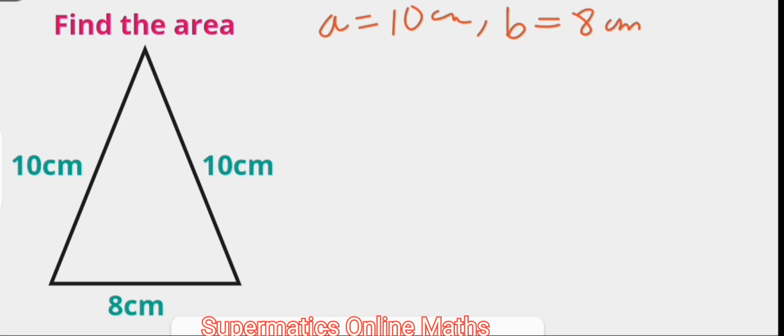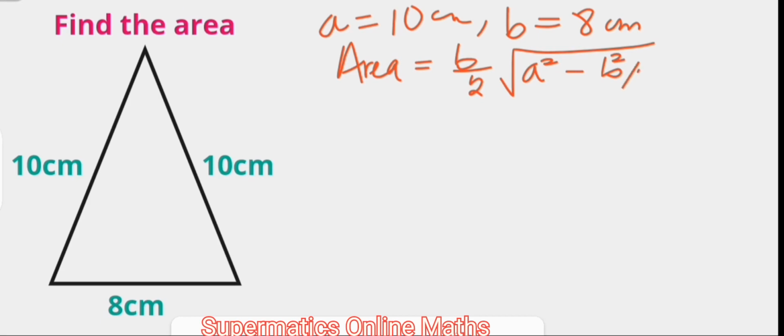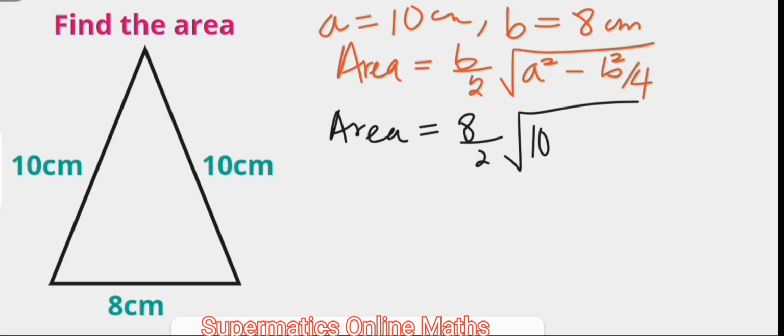From what we just derived, the area is B over 2 times the square root of A squared minus B squared over 4. This means that for this isosceles triangle, the area is 8 over 2 times the square root of 10 squared minus 8 squared over 4, all in centimeters squared.